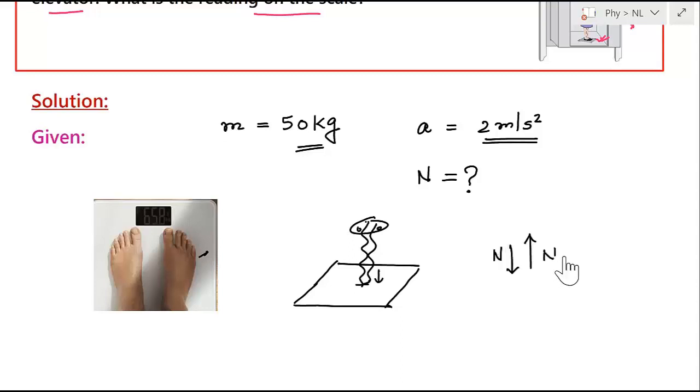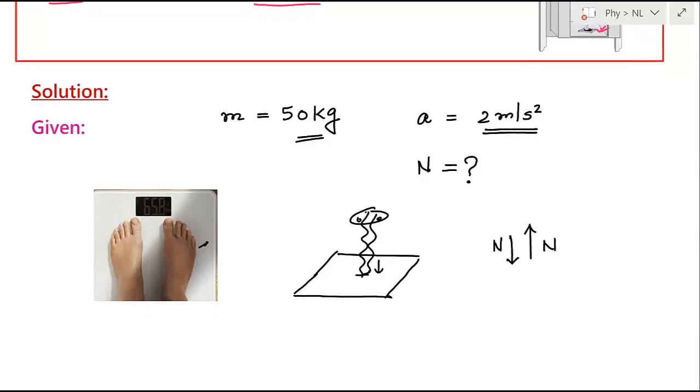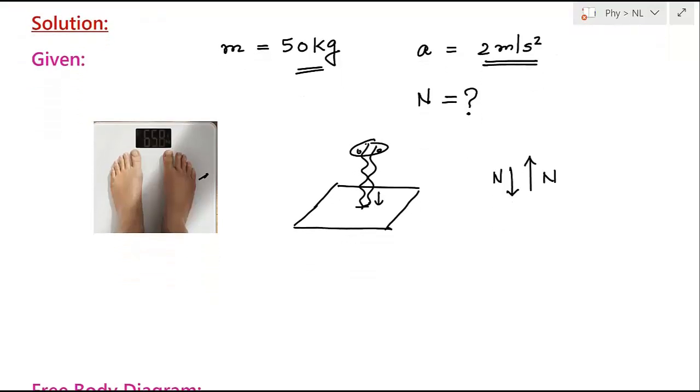My target is to calculate the reading of the weighing scale. So what will the weighing scale measure? It will simply measure the force, the normal reaction applied onto it. So the weighing scale measures the normal reaction, and that's why the reading of this weighing scale is the normal reaction, and in this case we have to find the normal reaction.